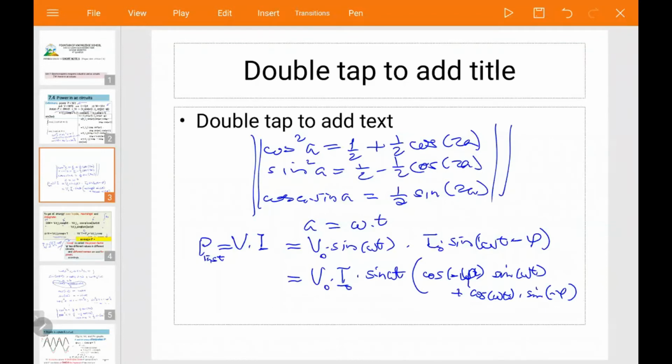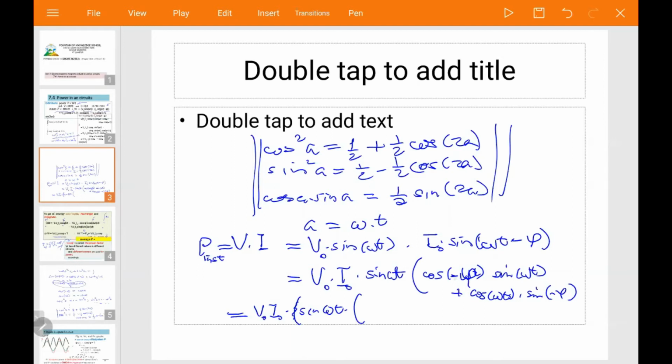So when you expand this, what do you get? You get V0 I0 sine of omega t into, you see the minus sign here.